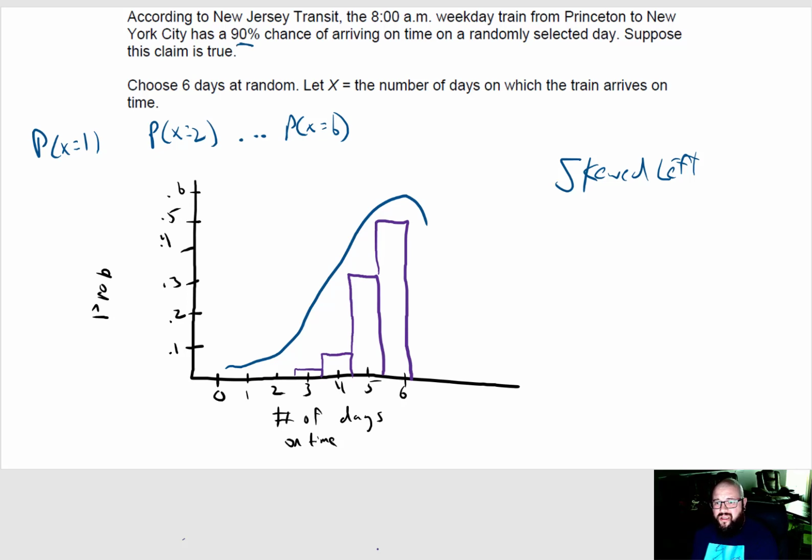So out of 6 days, we should have a high probability of all 6 days arriving on time. So we have a 53% probability of that happening, which makes sense. It's logical because it's a 90% chance of arriving on time according to the data of the train station. So hopefully that makes a little bit more sense and how that plays out.